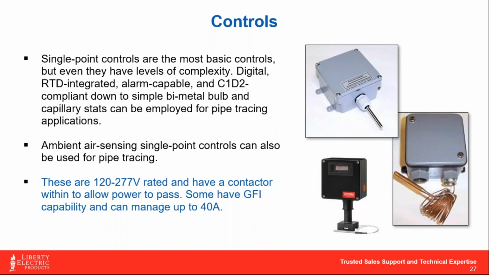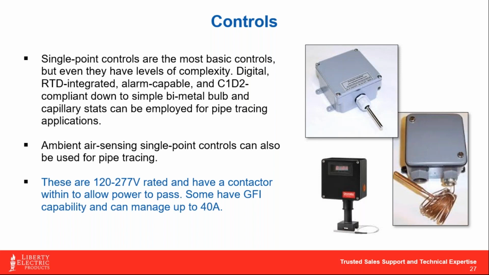We've got stuff that's bimetal, bulb and capillary thermostats, like you can see in that picture to your right there, that are non-indicating. Those things have been around for 50 years, so they still work. They just generally have a plus or minus temperature accuracy of 3 to 5 degrees. When we look at something digital with an RTD or a thermocouple on it, we're usually within plus or minus a degree. So again, if that matters, I'd go with the higher end control.